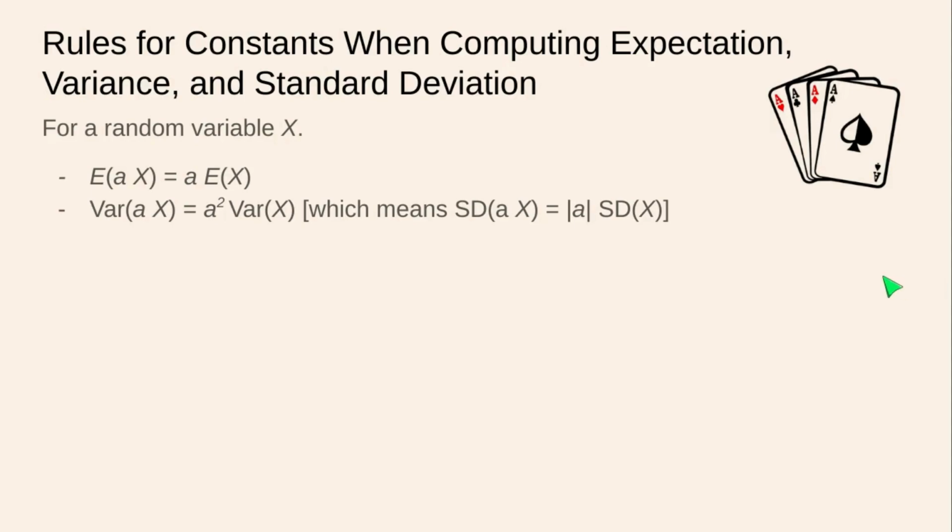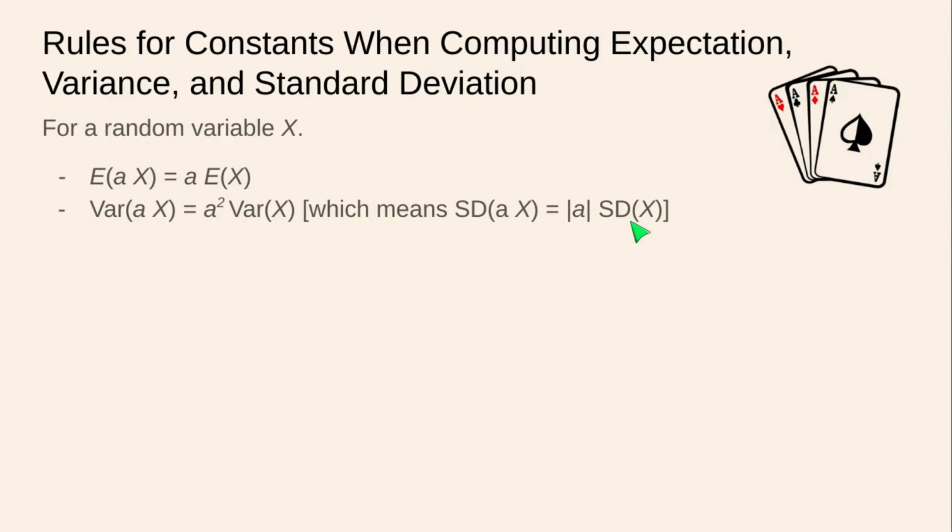technically the absolute value of a, because the square root of a squared is technically the absolute value of a. Also, we don't want a to be negative, because then the standard deviation would be negative, which standard deviation cannot be. Standard deviation is the average distance of data points relative to the mean.